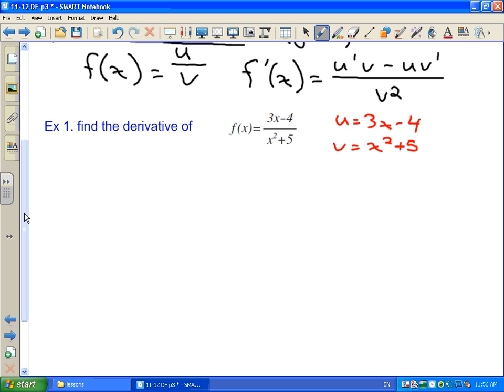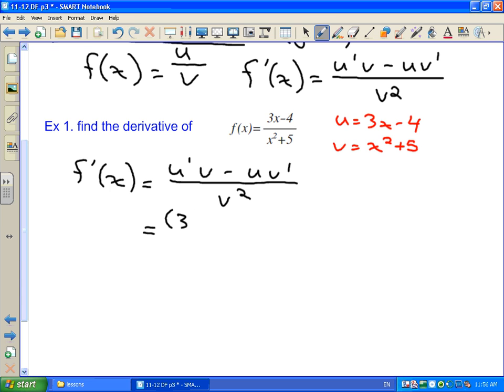So when we do our derivative, f prime of x, we'll just write out what the quotient rule is: u prime v minus u v prime, all divided by v squared. So we want the derivatives of these individual terms. The derivative of u, where u is 3x minus 4, is just 3. And then we multiply that by our entire v function, x squared plus 5.